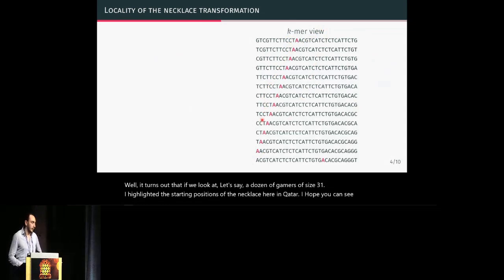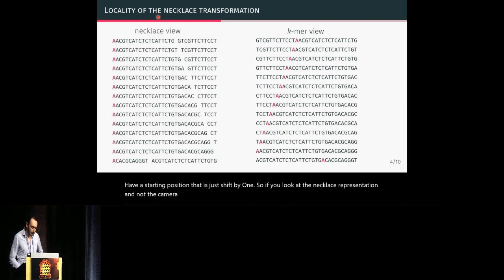And it turns out that most of the time, necklaces of consecutive k-mers have a starting position that is just shifted by 1. So if you look at the necklace representation and not the k-mer view, this is what you end up with. And it's quite convenient to have this representation.